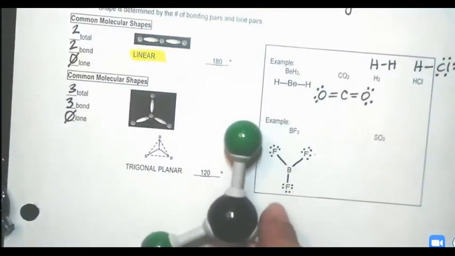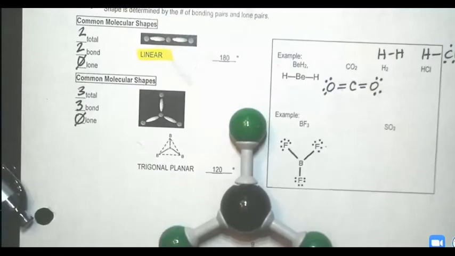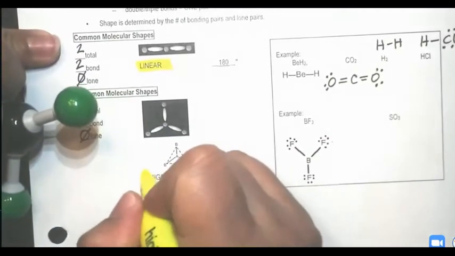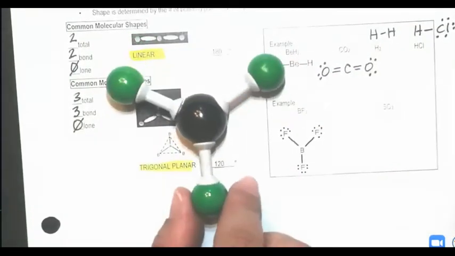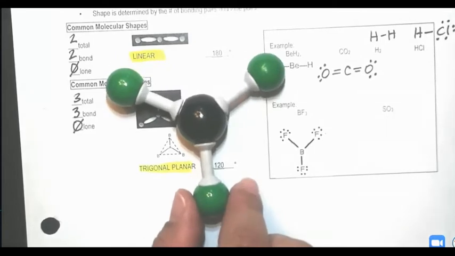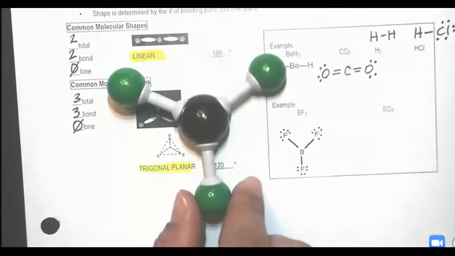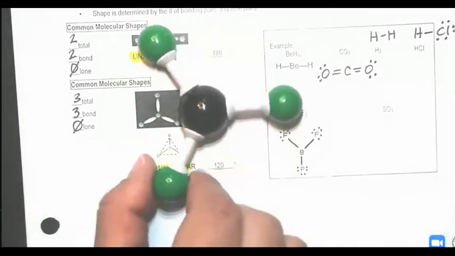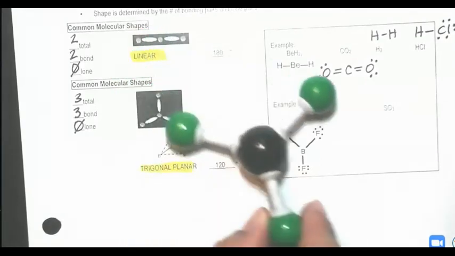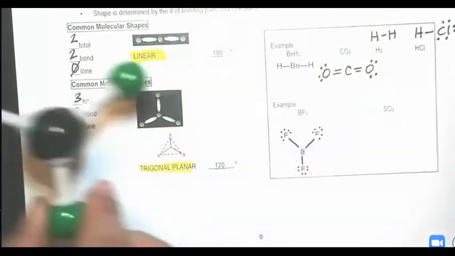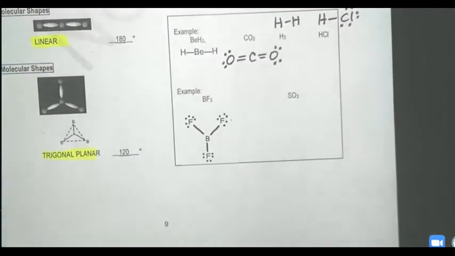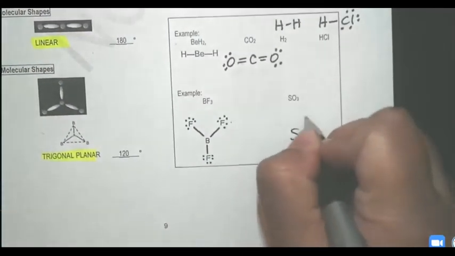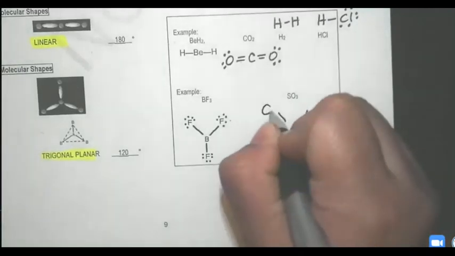For trigonal planar, which is our new name, it's called trigonal planar because planar means flat. When you took geometry, or if you're in geometry now, 3 points on the same surface make a plane. So here's my 1, 2, 3, and so that's going to be trigonal planar. Another example of trigonal planar would be SO3. We drew this yesterday, and that one looks like this.